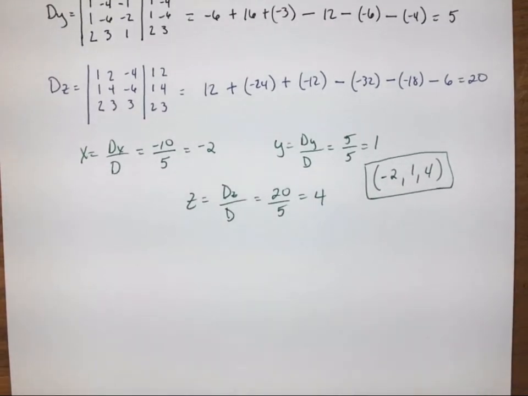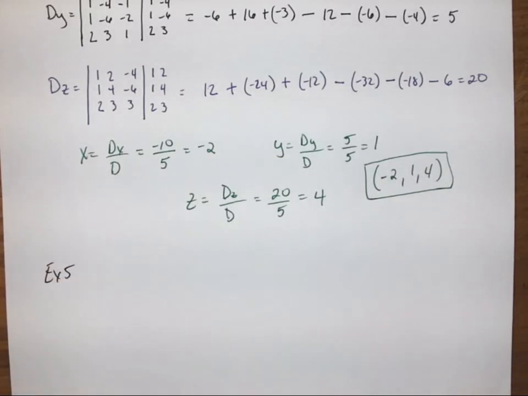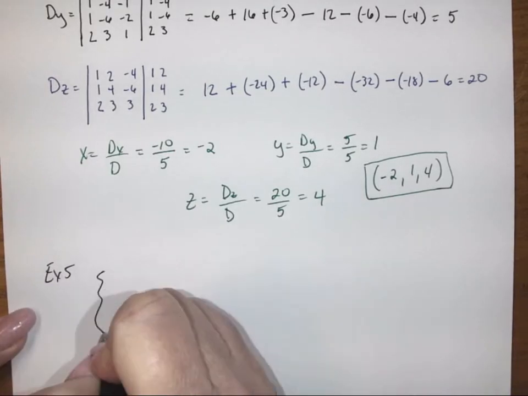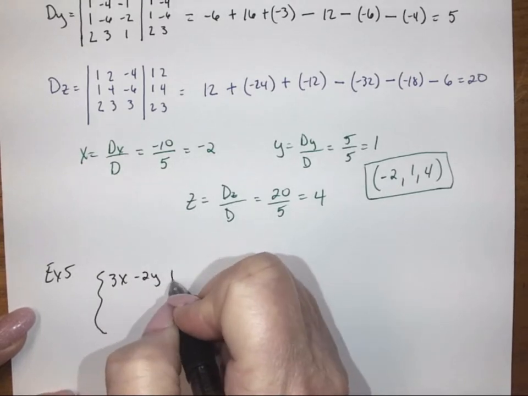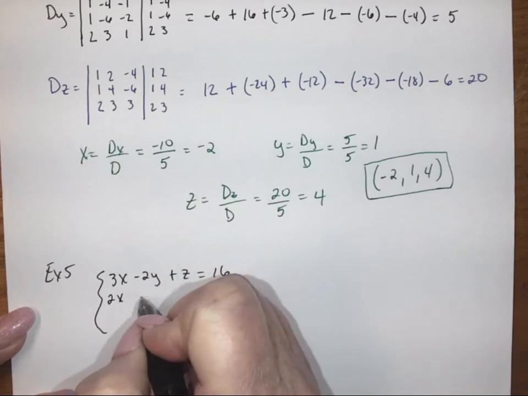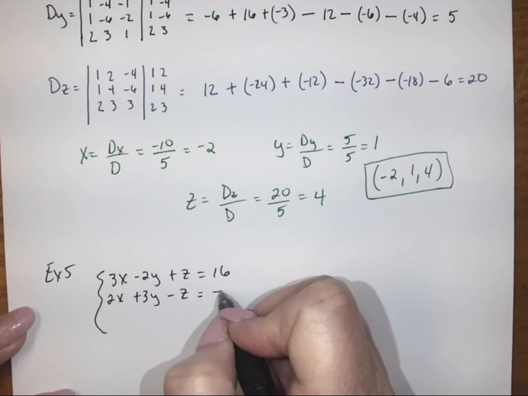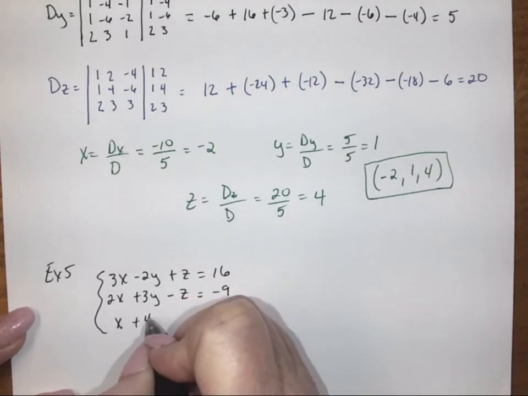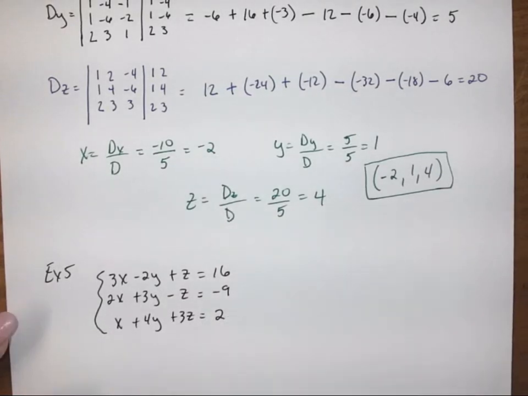All right, so example 5. On example 5, we have an ordered triple of 3x minus 2y plus z is equal to 16, 2x plus 3y minus z is equal to -9, and x plus 4y plus 3z is equal to 2.